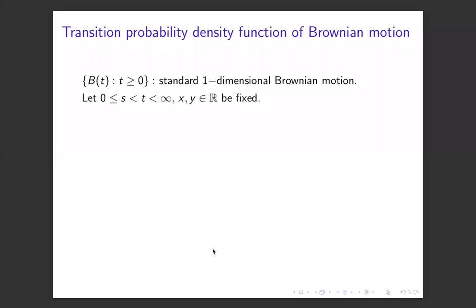We are going to call that object the transition probability density function of Brownian motion, in the sense that it is the density function of the transition probability of Brownian motion. So B_t is the standard one-dimensional Brownian motion, and let s and t be time points such that s is strictly less than t, and x and y be real numbers which are fixed.